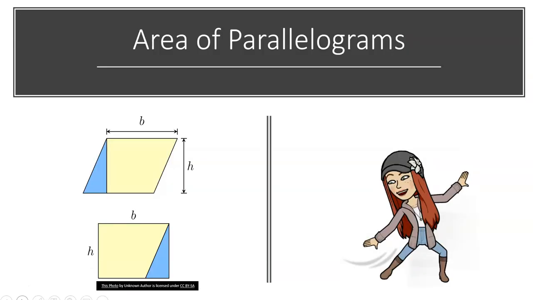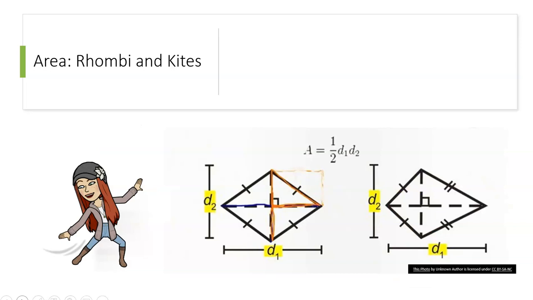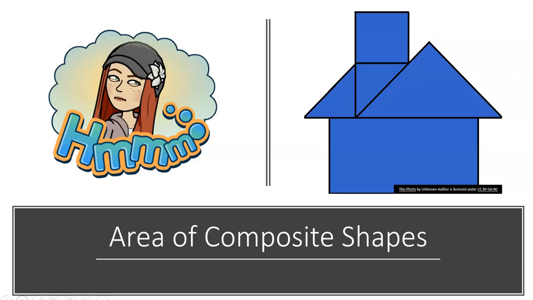We said that with our parallelograms, we had to cut the little bit off the end and put it to the other end so that we could do base times height, because a parallelogram is actually the same area as a rectangle. We looked at our rhombi and our kites, and we said that what we did was we measured the longest height measurement by the longest length measurement and multiplied them by half, because if we move those triangles around, we actually make half that shape.